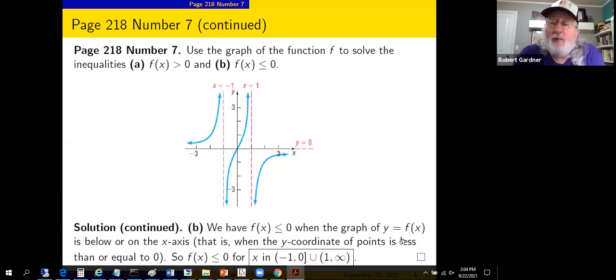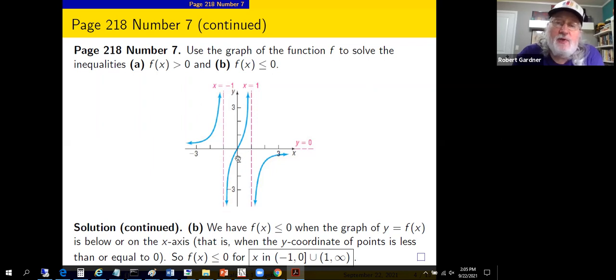That is, when y-coordinates of points are less than or equal to 0, y-coordinates are function values. Y equals f of x is the setting we're dealing with. So below the x-axis, that occurs for this part of the curve and for the right-hand part over here.